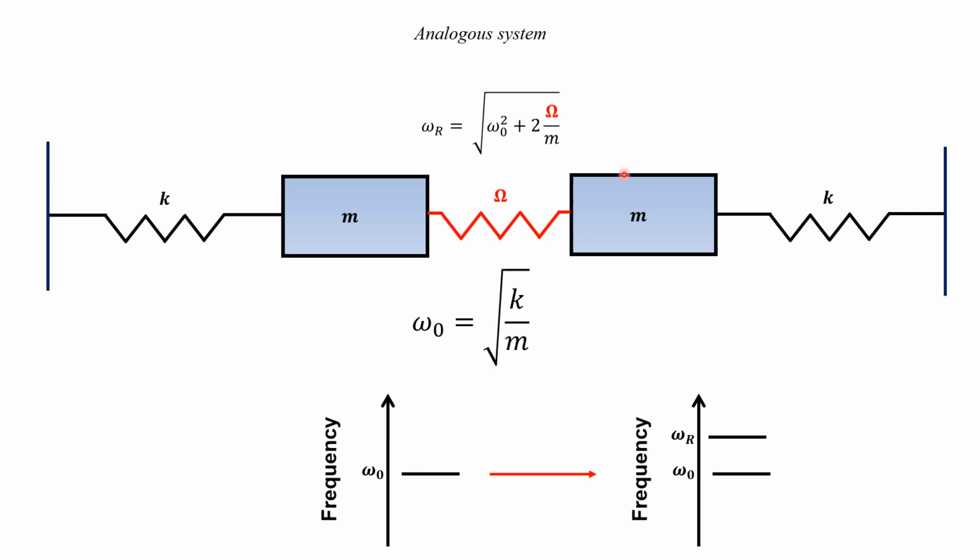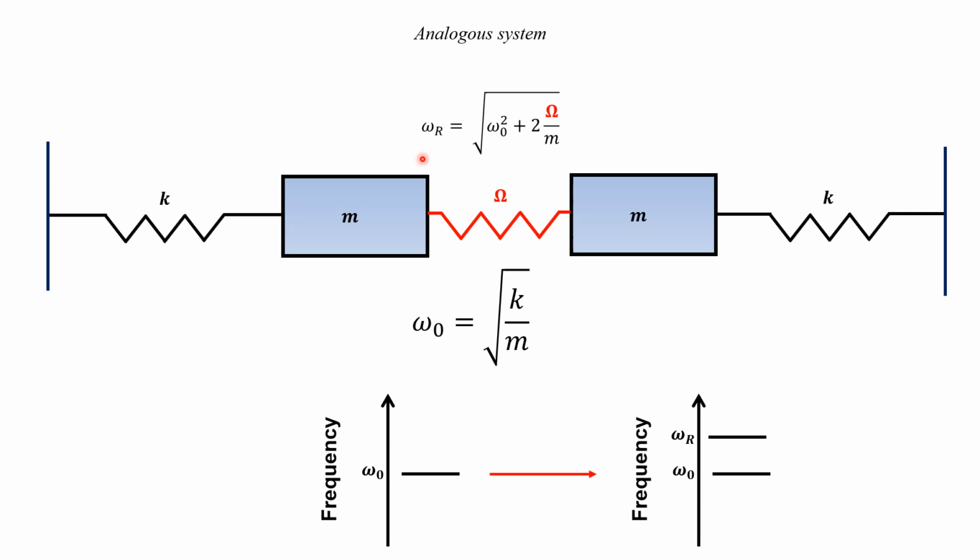So in the textbook, this system is analyzed in more detail. But if we do this analysis, we're going to find that there are two modes of oscillation of this system. One of them still has the same resonance frequency as before, and the other one has a higher resonance frequency given by this equation, which is derived in the textbook.